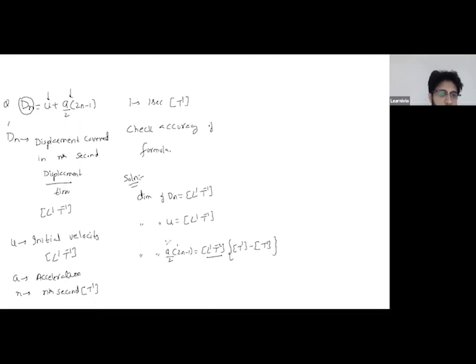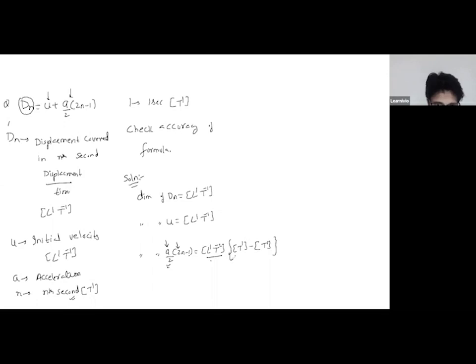So this is acceleration. The dimension formula of acceleration is L1 T minus 2. 2 is just a number. Number is dimensionless, so 2 will not have any dimensions. Next, this is bracket. I am writing dimensions of quantities in the bracket. This n is time, so the dimensions of n is T1. Minus this 1. 1 is time, its dimension is T1.